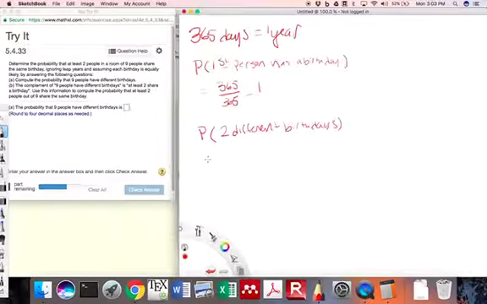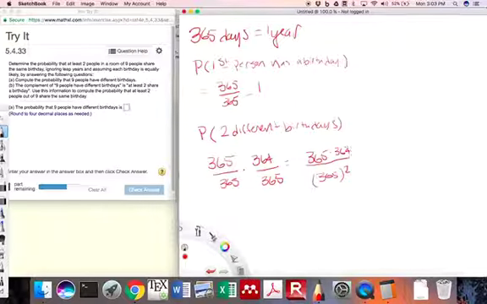And this is going to be 365 over 365. That's for the first person we consider. Then the second person, if this person's going to have a different birthday, there's one less day to choose from. It can't be the same day as this person. And so this would be, of course, divided by 365 squared.